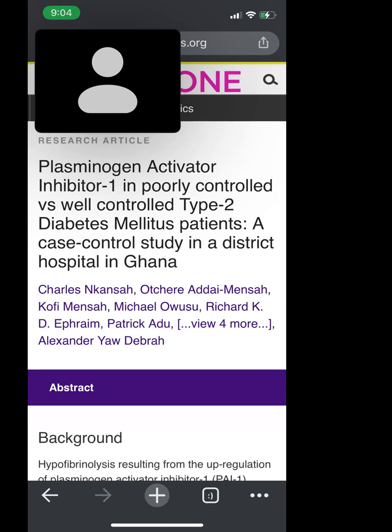Yes, good. So this paper was conducted by Charles and Cancer et al.: PAI-1, plasminogen activator inhibitor 1, in poorly controlled versus well-controlled type 2 diabetes patients. A case control study in a district hospital in Ghana.